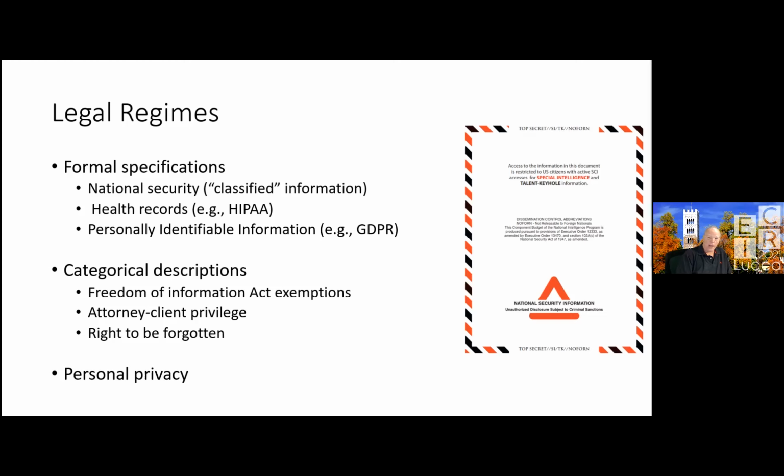The right to be forgotten in the EU is not formulated as a categorical protection, but its motivation is formulated categorically. And so we could provide a right to be forgotten with technology that is broader in scope than the present right to be forgotten that's codified in GDPR.